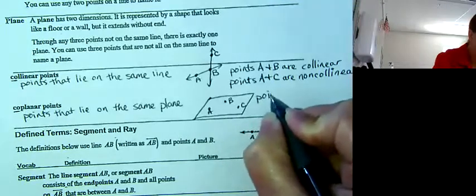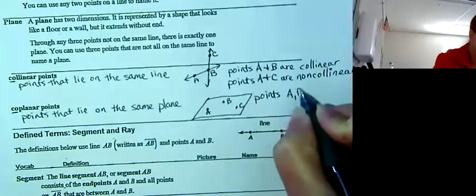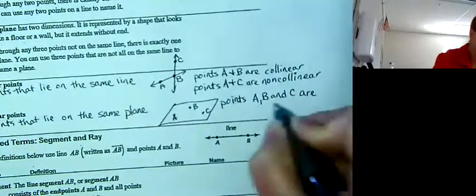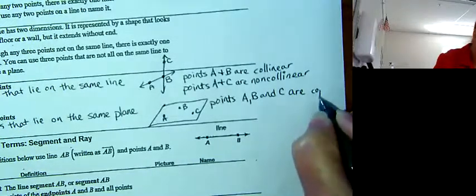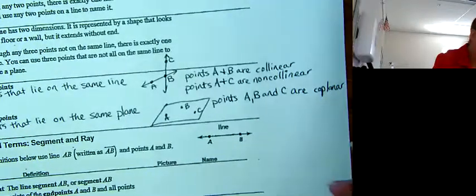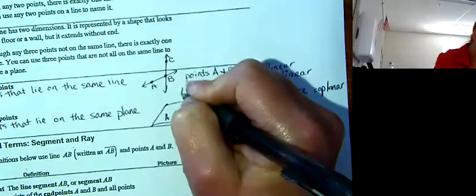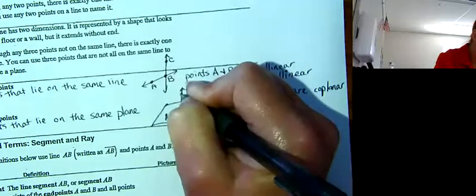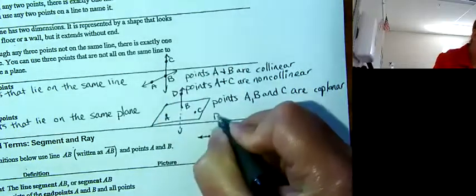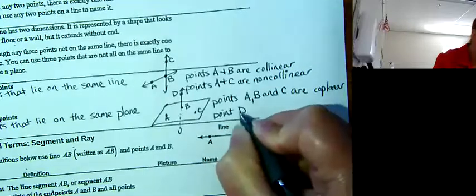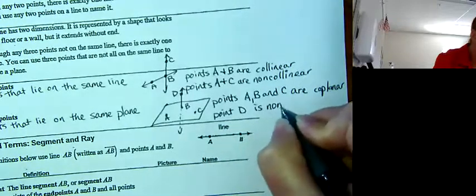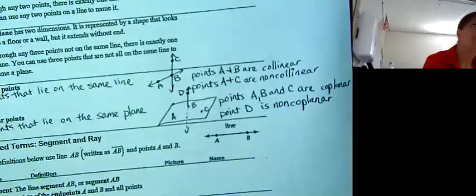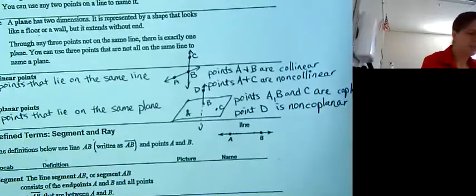Points A, B, and C are coplanar. However, if I drew a line that kind of went through the top of that and through the paper, and I added another point up here, point D is non-coplanar. Okay, it basically just means that you have a point that is not on that plane.